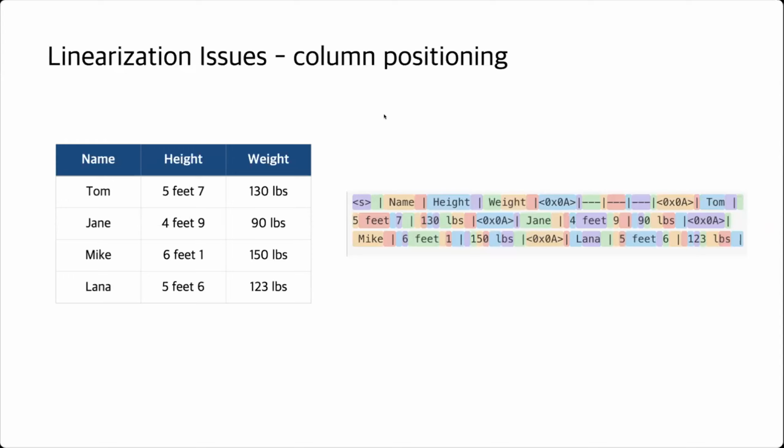For example, in the case of transformer-based models, when computing the attention scores, it's unlikely that a value like 6 feet 1 would be correlated with a column like weight. This suggests that column localization can still be relatively straightforward for large language models.